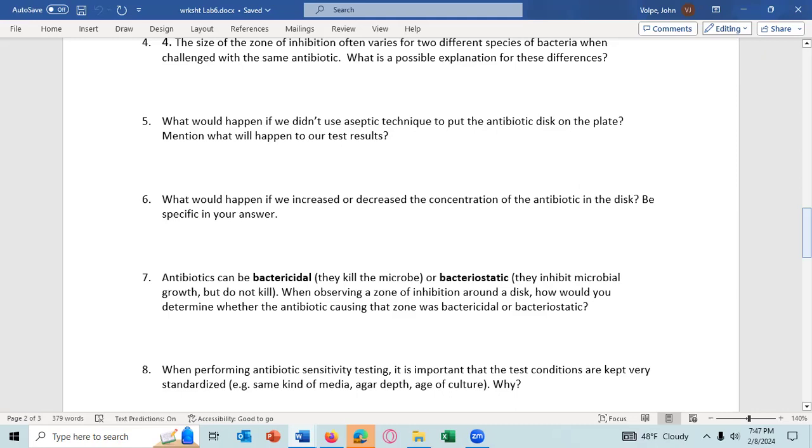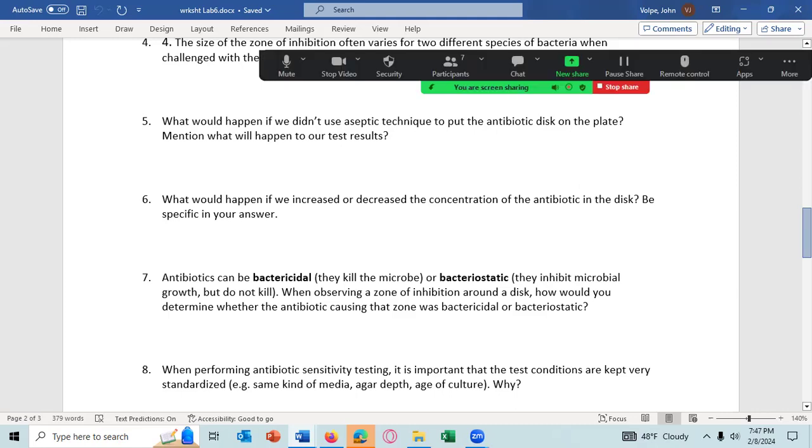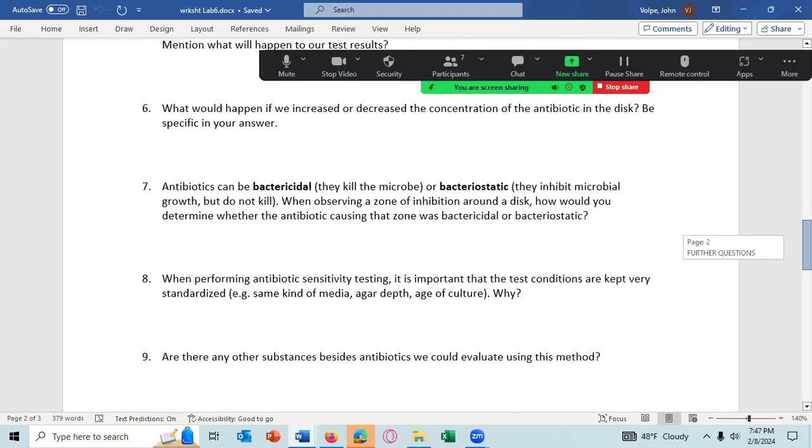7, antibiotics can be bactericidal. That means they kill the microbe, or they can be bacteriostatic. That means they only inhibit the growth of the microbe. They do not kill the microbe. If the antibiotic is bacteriostatic and then you remove the antibiotic, the bacteria may grow.